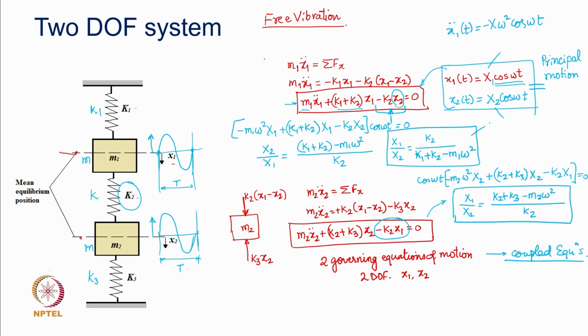Done. What does this mean? If one ratio is equal to this and the same ratio is equal to this, these two ratios can be equated. So, now the job is further simplifying this by using equation 1 and equation 2. That would give you K2 square equal to K1 plus K2 minus m1 omega square multiplied by K2 plus K3 minus m2 omega square.